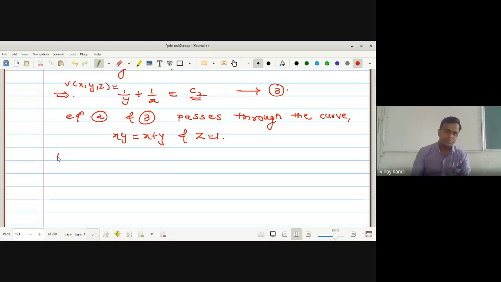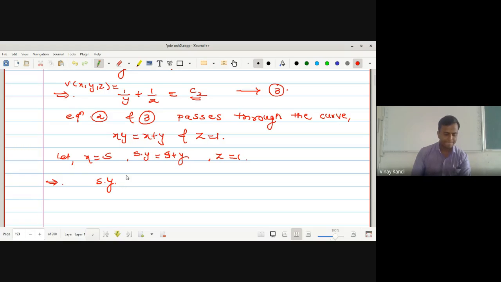So let x is equal to s. So what we get? s into y is equal to s plus y and z is equal to 1.